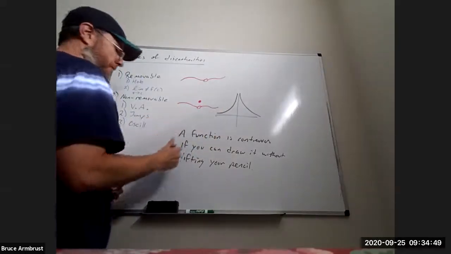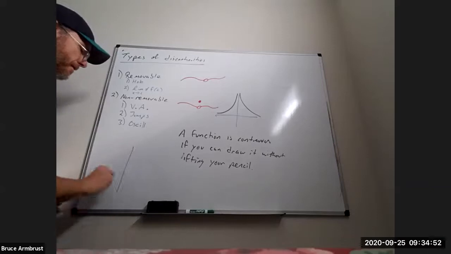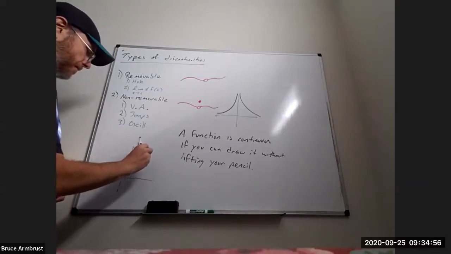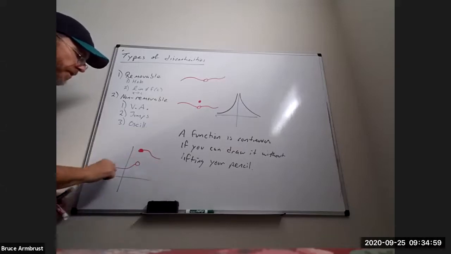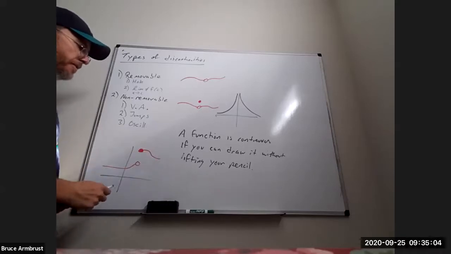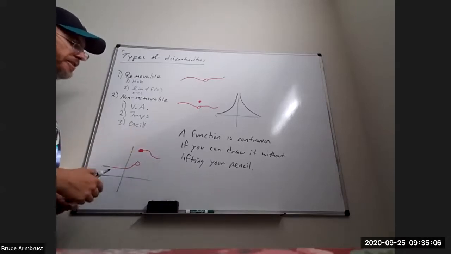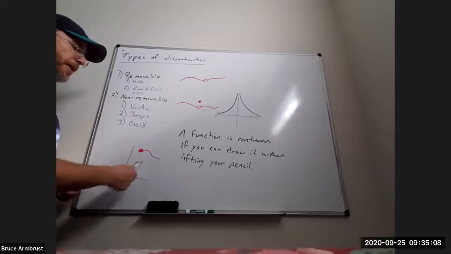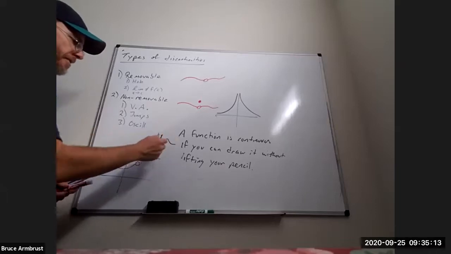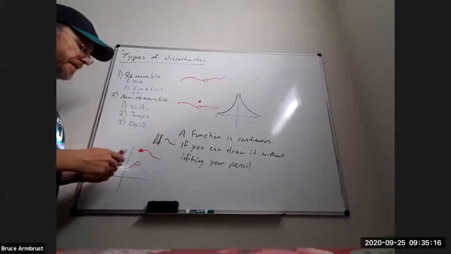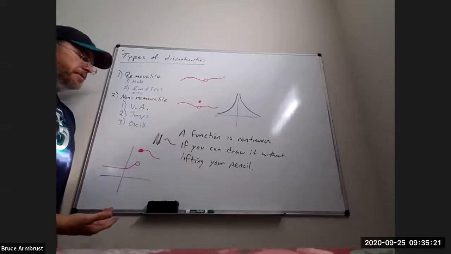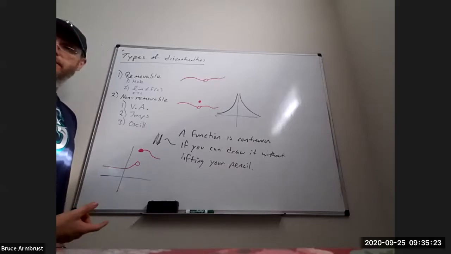Same thing with the jumps. If I've got one of these, I'm drawing, lift my pen, keep drawing. The crazy oscillation, there's going to have to be some sort of a jump as you get away from that crazy oscillation to not crazy oscillation. It's that same kind of thing. If you can draw without lifting up that pen or pencil, then it's a continuous function.